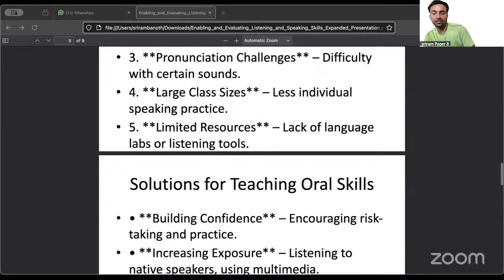So this is the 20th unit, and we'll see other units also.